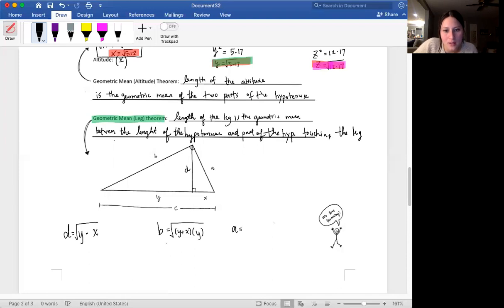A is equal to the entire hypotenuse. Add it, find the entire length, so y plus x times x. And that's how you would find it.